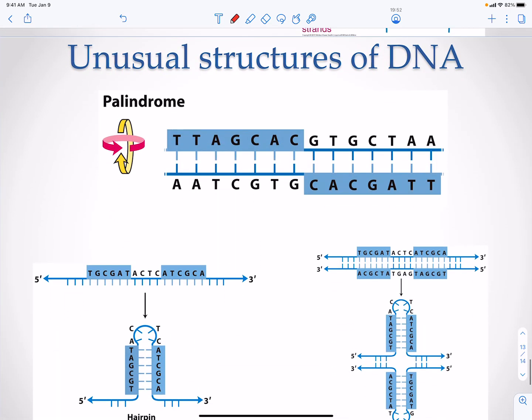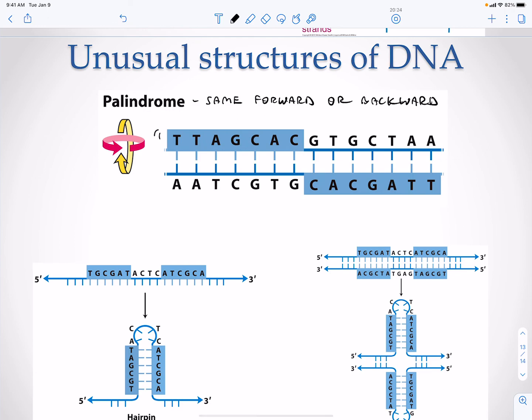Now, finally, there are a few unusual structures of DNA that we can talk about. We have our palindrome sequences, and a palindrome is essentially a sentence that is spelled identically, read either forwards or backwards. So palindromes are going to be the same forward or backward. And so these are going to be in the DNA as inverted repeats.